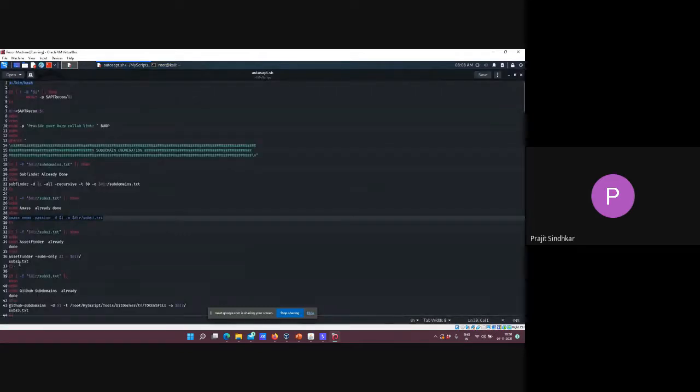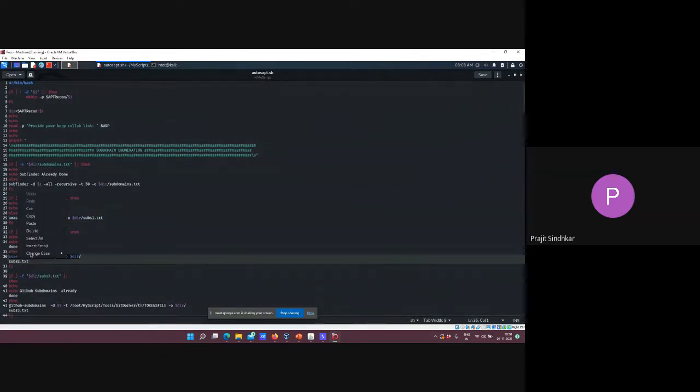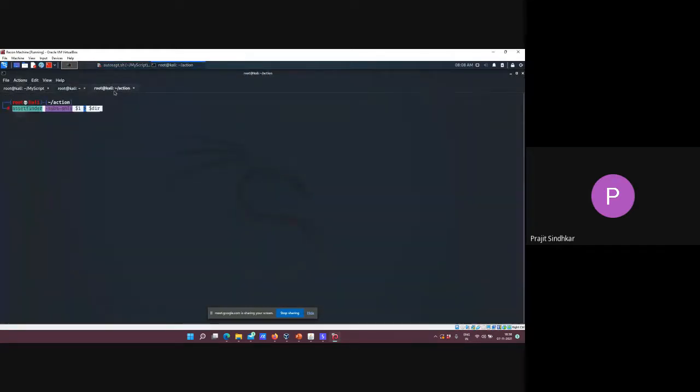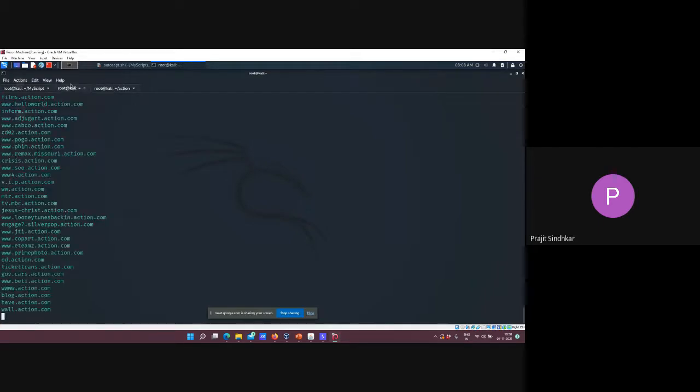Apart from this, the third one I use is assetfinder. Assetfinder will directly store in this file. If I'm using an output file here, it will just store it directly, and I don't need to keep it here. I give action.com, and then subs2.txt. So assetfinder is working side by side.